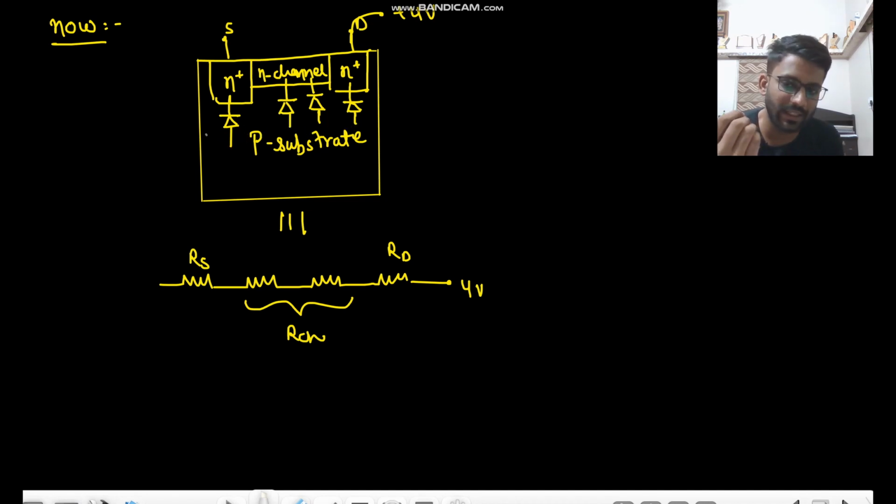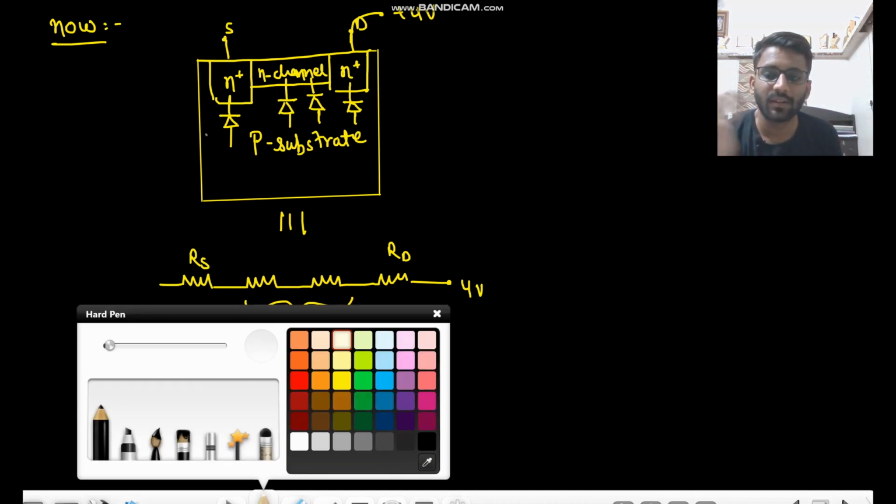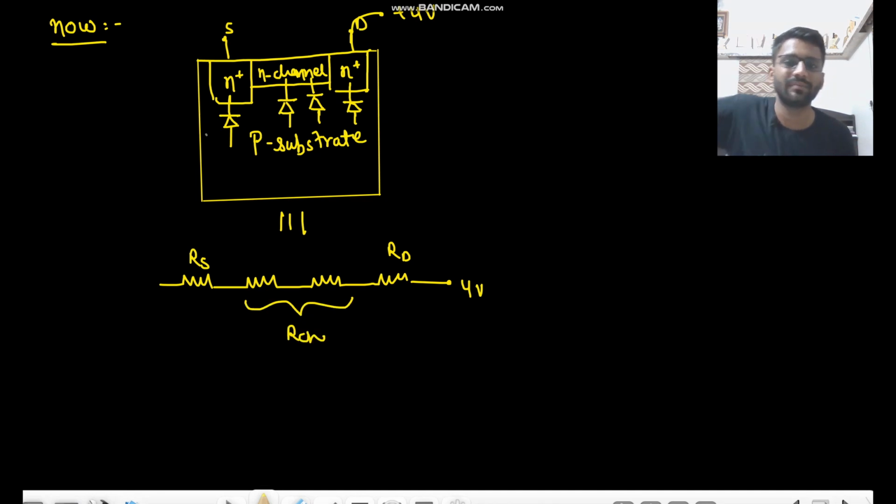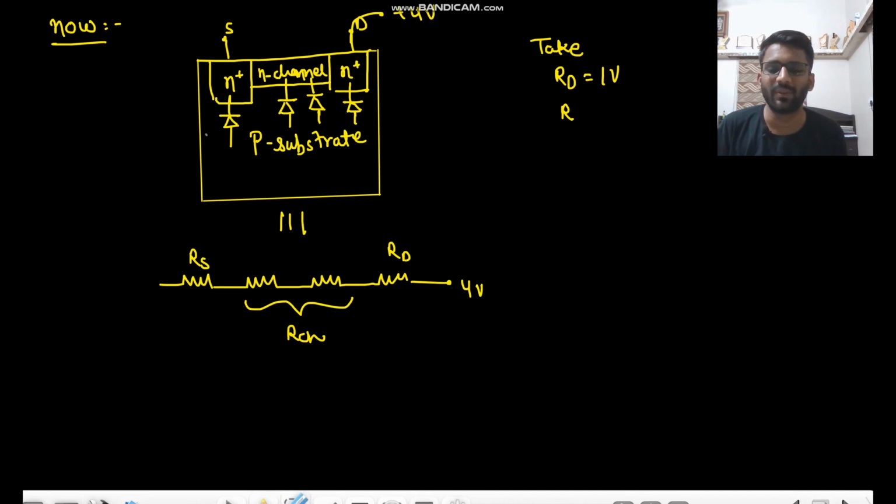This is RCH, but let us assume RD is 1 ohm, so RS will be 1 ohm and RCH will be 2 ohm, okay. So this will be 1 ohm, this will also be 1 ohm because we have divided RCH into 2: 1 ohm, 1 ohm, 1 ohm.